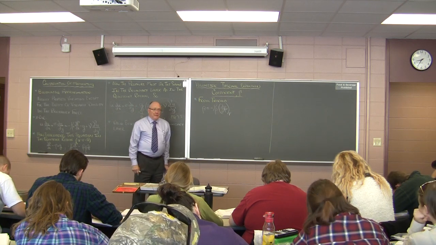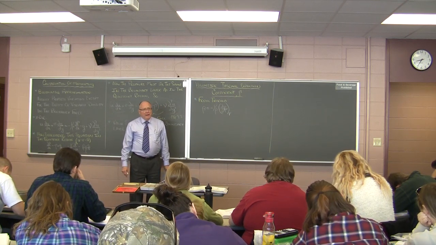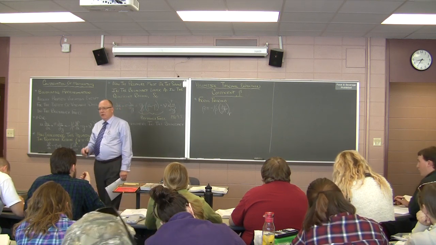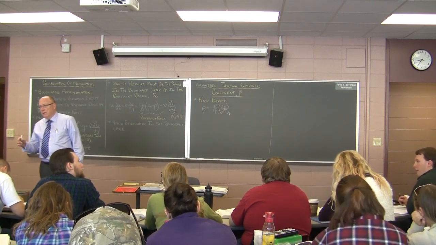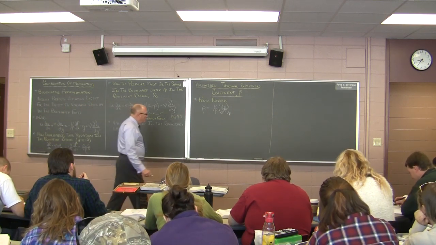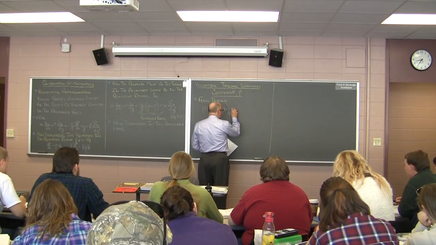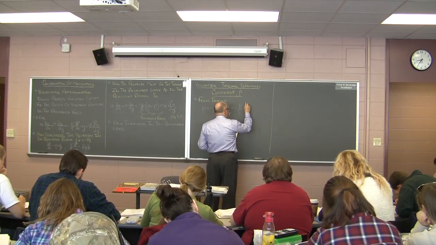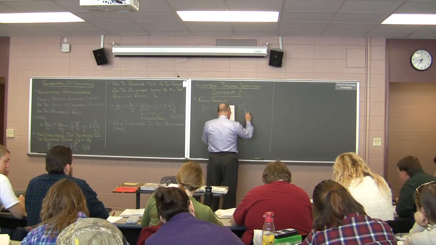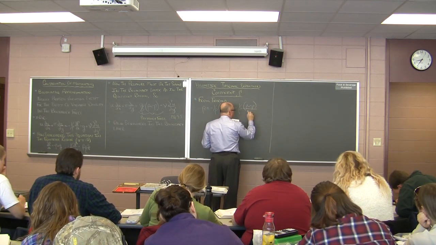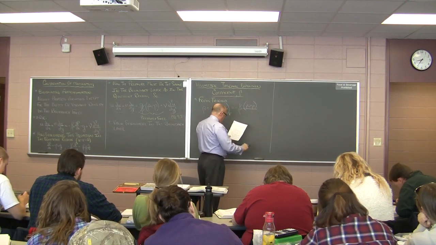Now, this is important for you for another reason right now, and that is for your homework problem number 2, the homework I just passed out. You're going to approximate this partial differential as a difference.